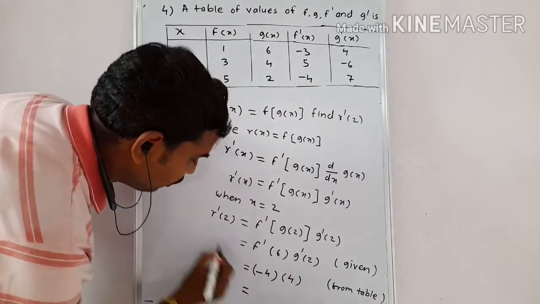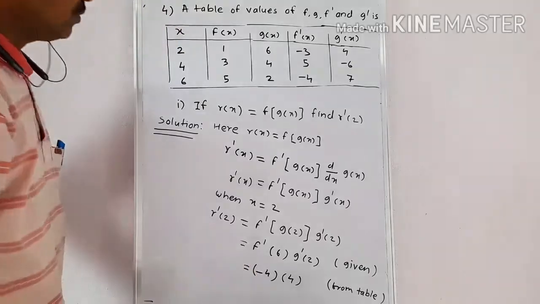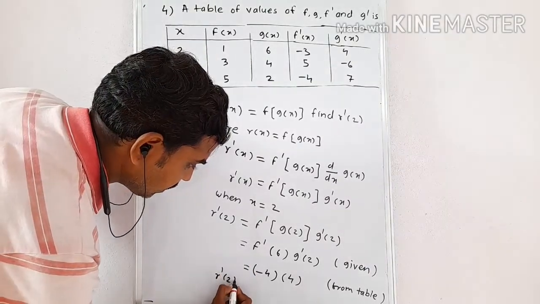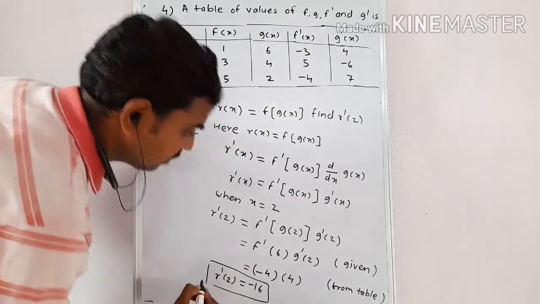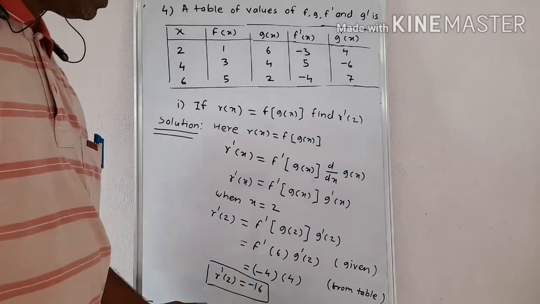Therefore, by using the multiplication, we get value of r dash of 2 is equal to minus 16. This is our solution of first example.